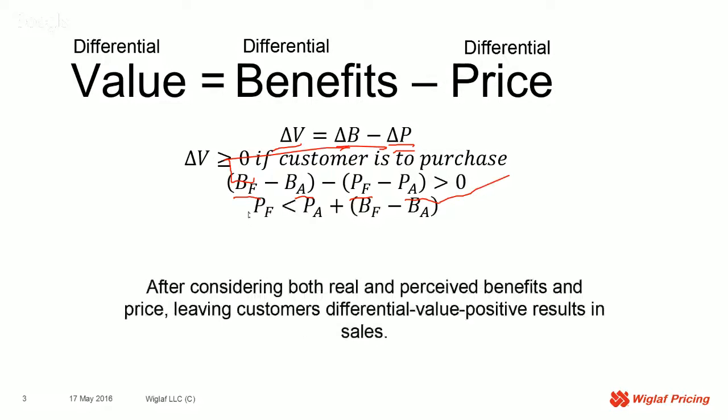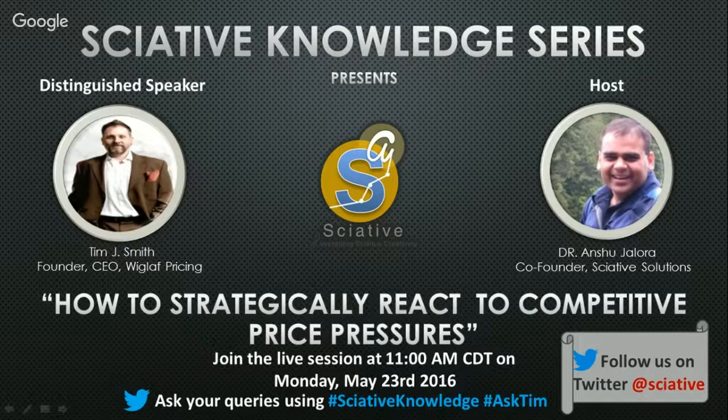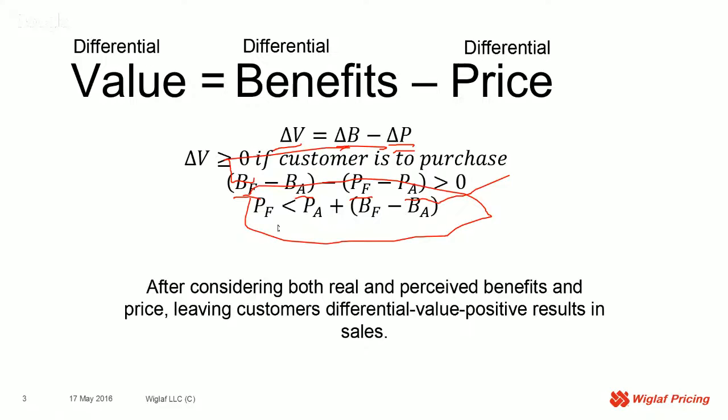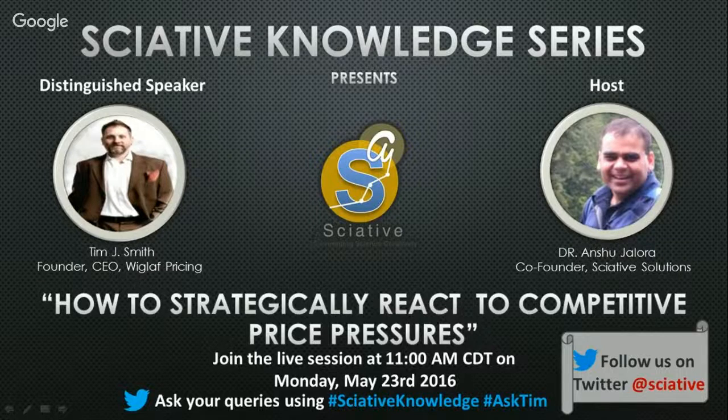Rearrange the equation, and we have a maximum price which we can extract from the market. That price being the price of the alternative adjusted for my differential benefits, after considering both real and perceived. I want to include that, not just the hard economic, but also the perceived, the behavioral economics, the perception of benefits, the perception of price.